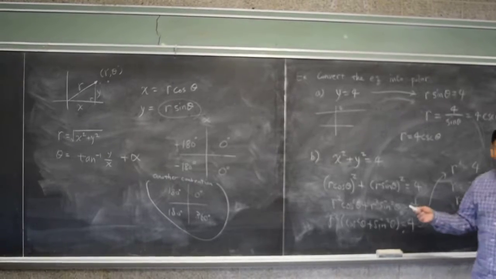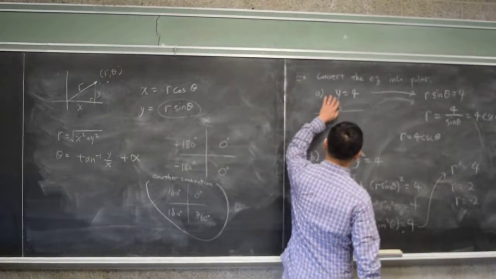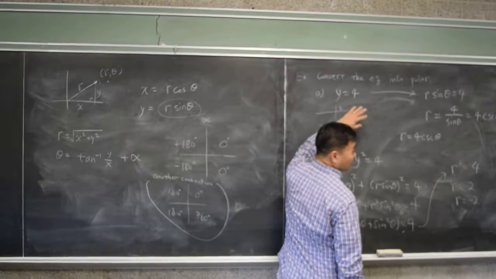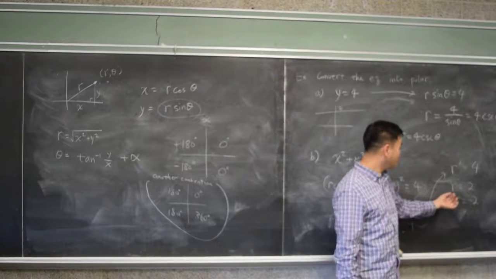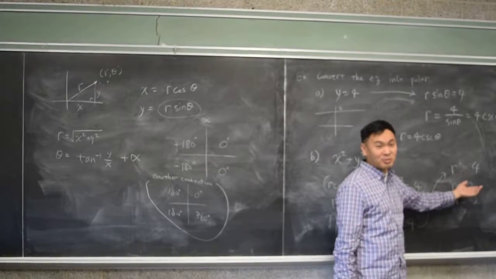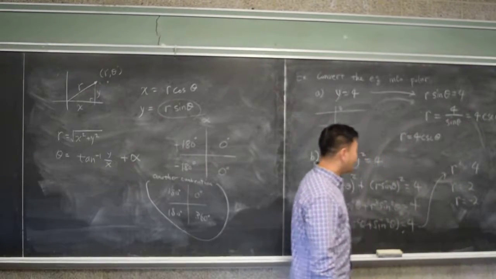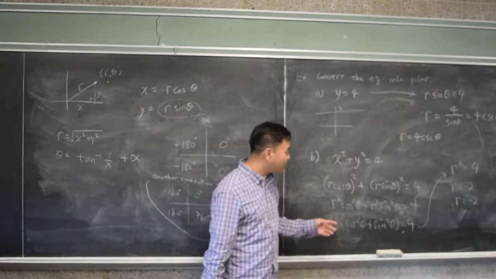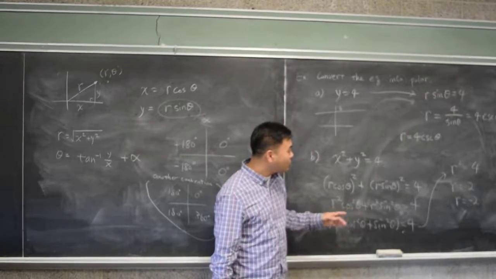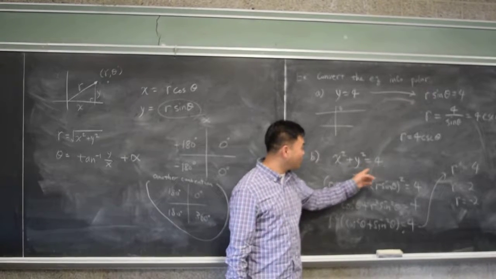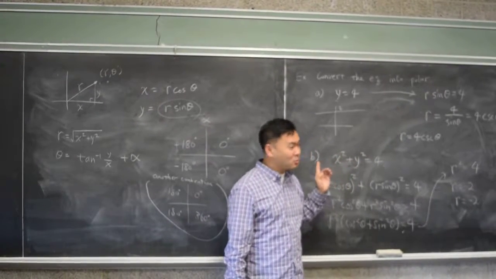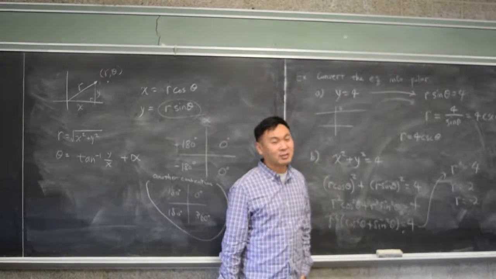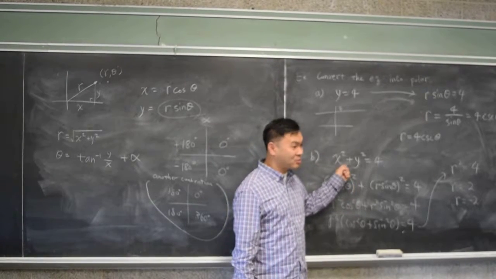And just as in rectangular, we could have just x equal to something or y equal to something, in the polar coordinate system, we can have r equal to a number. Now, it turns out that if we really knew what the geometric shape of this thing is, we didn't have to go through all this math. What's the shape of this thing?